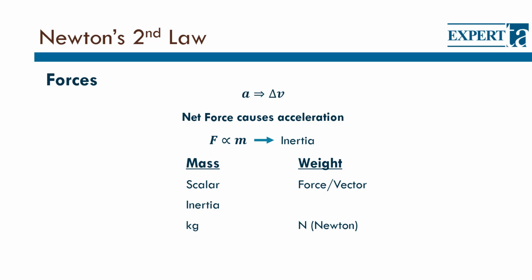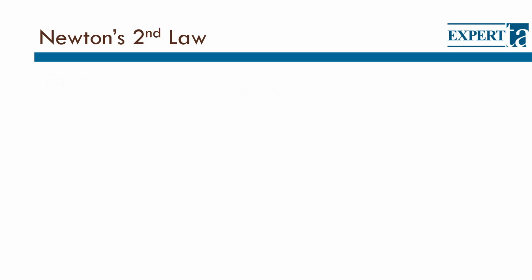Mass is a constant no matter where you take it, on Jupiter, on the Earth, on the Sun, in outer space, in the vacuum. Mass is always the same, and the weight depends on the environment. So weight is different on the Earth, on the Moon, on Jupiter, in outer space. It will depend on the gravity of the environment it is present in. So that's the distinction between mass and weight, and that's how we define forces.